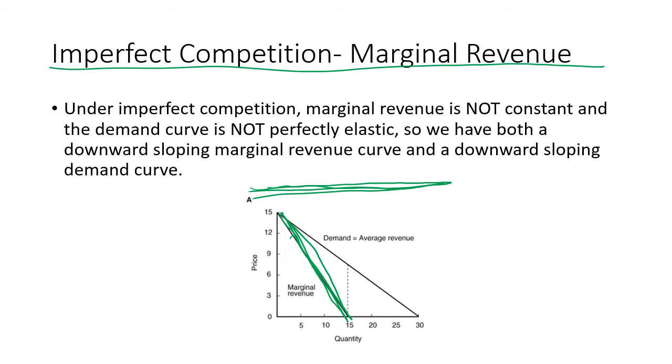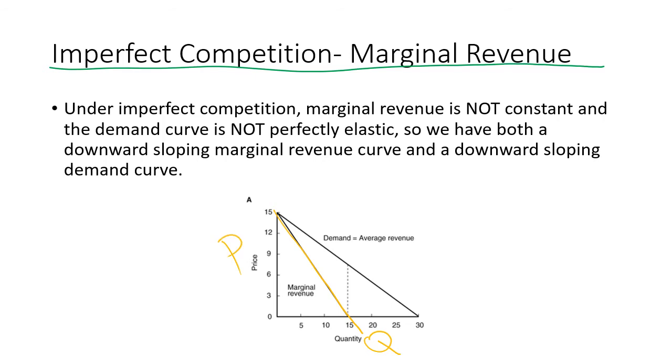But what I need you to know is that the marginal revenue curve for imperfect competition is not horizontal, it is slanting, okay? So it slants downward, and that's going to have an effect on our production level for quantity and the price that we charge.